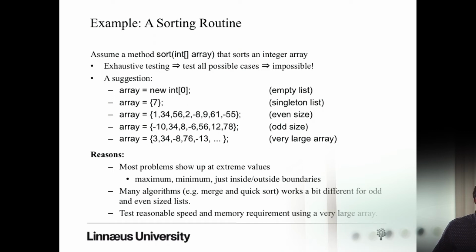We can also identify the extreme cases, like very large values. So these are some recommended suggestions when you are doing your testing: an empty list, a list that contains only one value, which is the minimum on one extreme, and on the other extreme, a very large number of values.